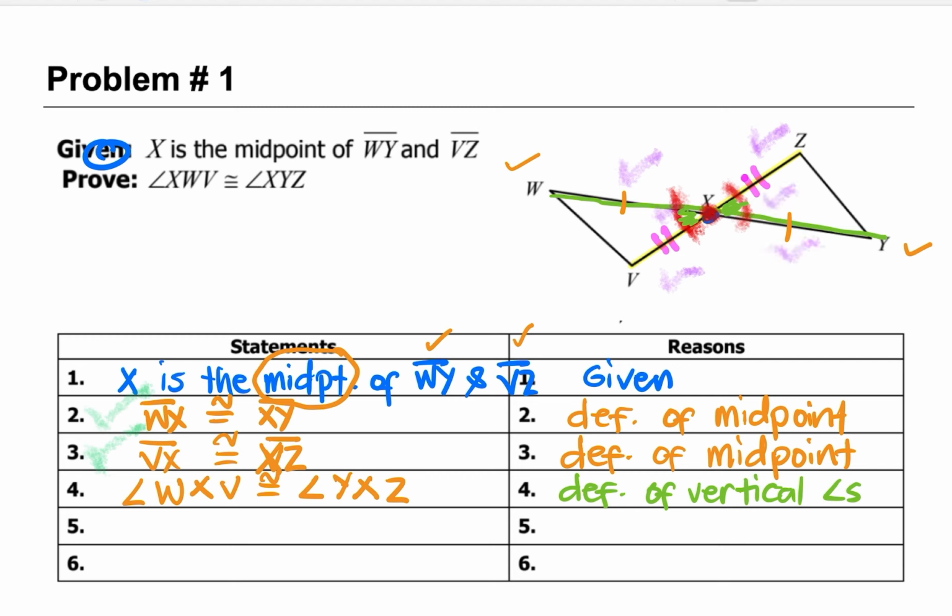So therefore, triangle WXV is congruent to triangle YXZ using the side, angle, side congruence theorem.